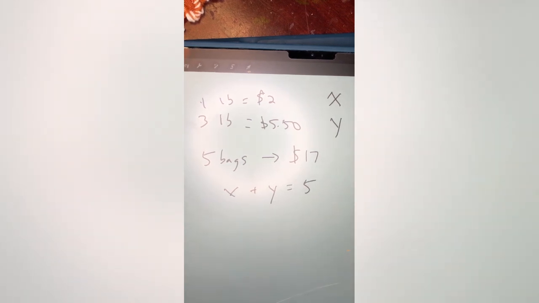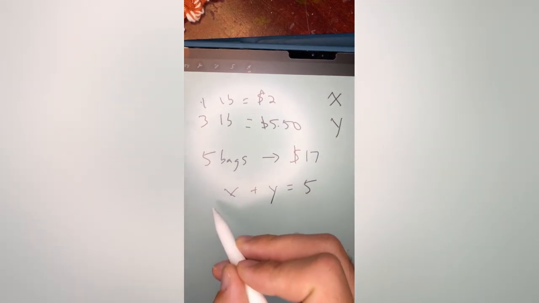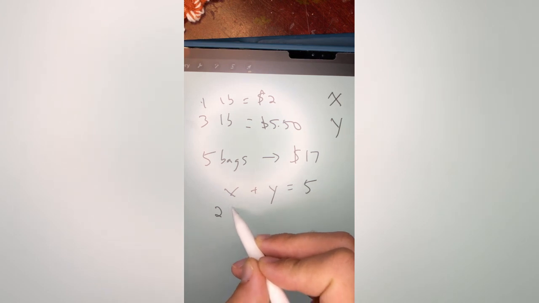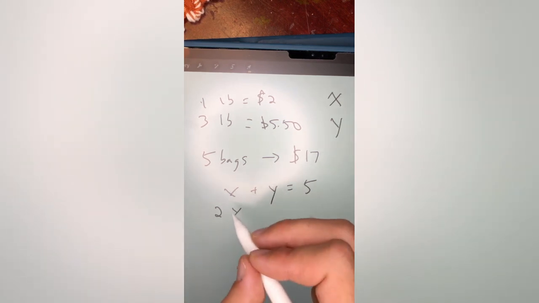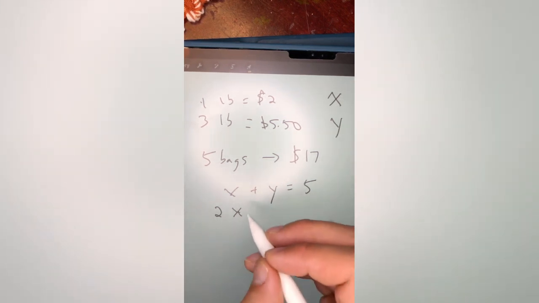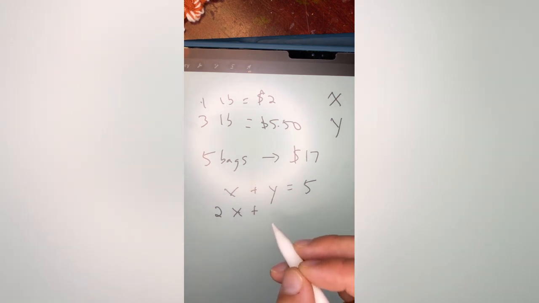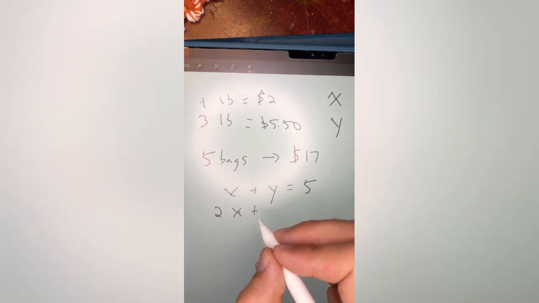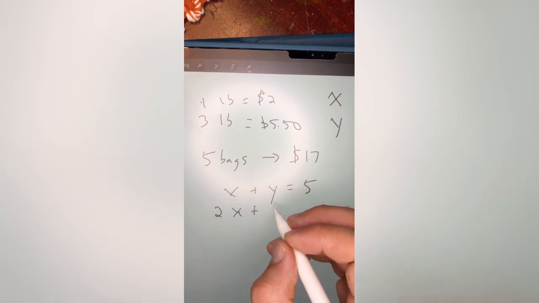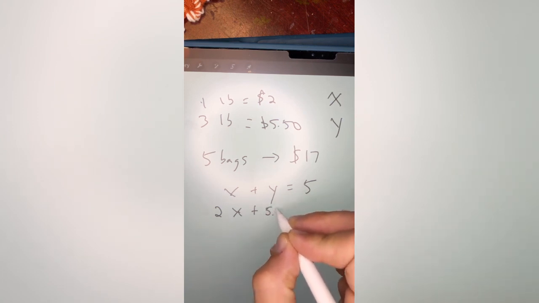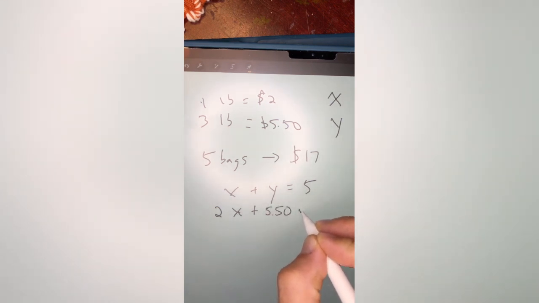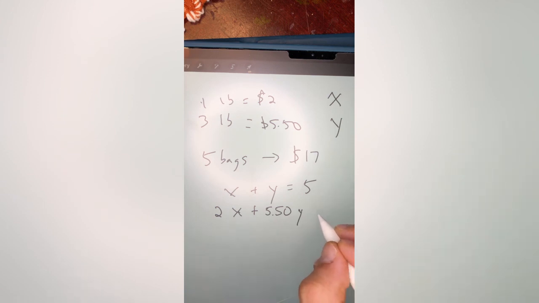And then when I add them all up, it's going to be $2 times however many smaller bags I had, that should be an X, plus $5.50 times Y, which is going to give me 17.